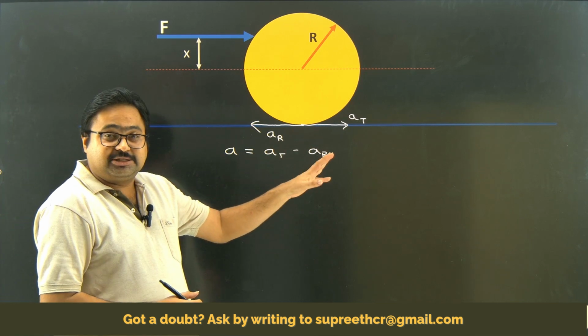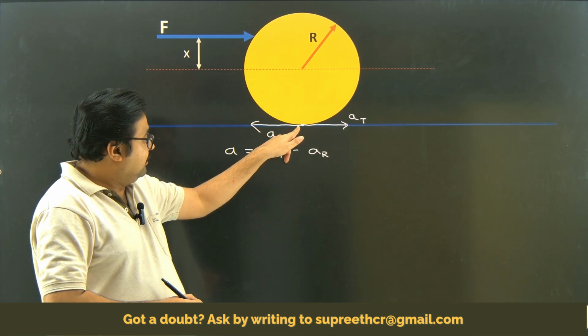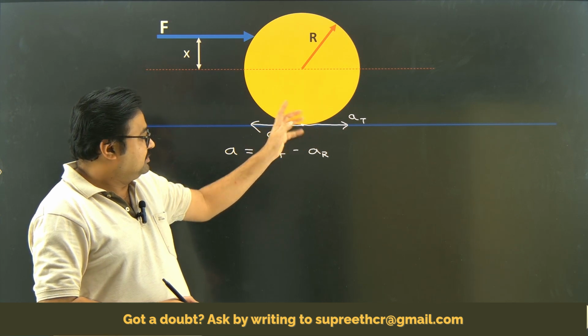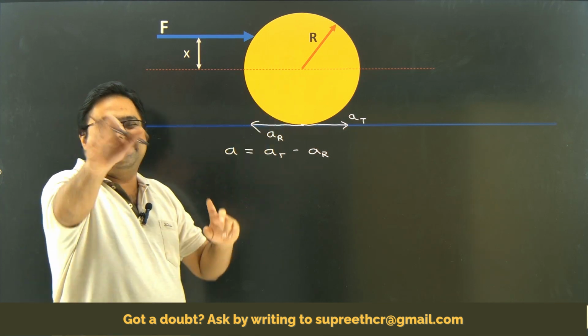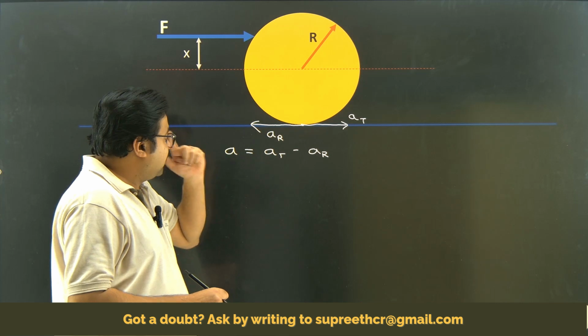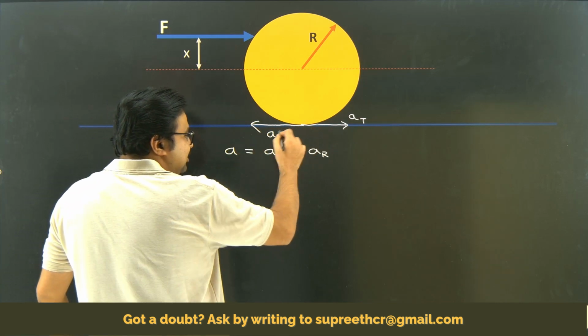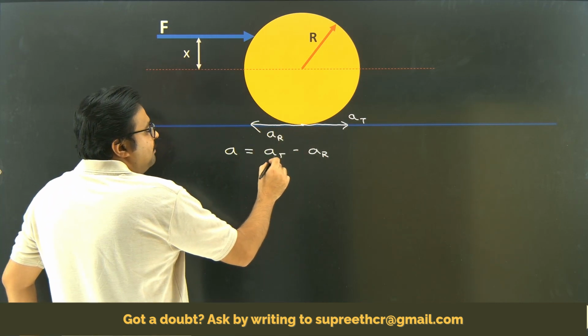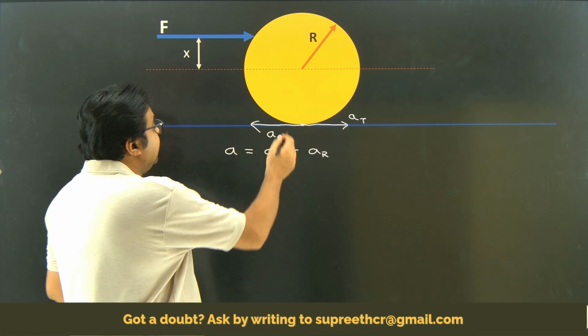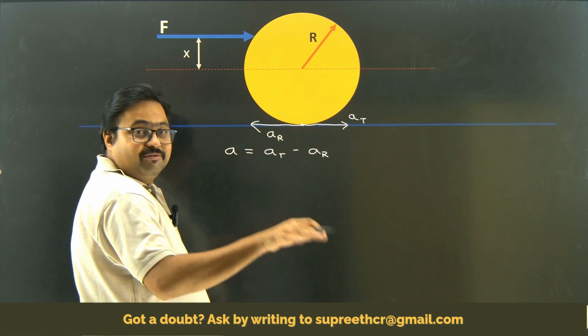So that would be the acceleration at that point. If AT is greater, then the net acceleration will be in that direction. Of course, there is a centripetal acceleration. We are not bothered about that. That does not decide the frictional force as such. But then coming back to here, these two accelerations for that matter. If AT is greater, then friction acts in the backward direction. If AR is greater, then friction acts in the forward direction.